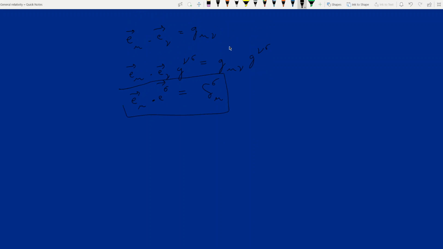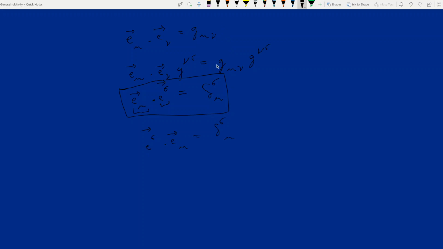Now let's swap these two basis vectors. We know that we can swap the vectors in a dot product, so we can write it as E sigma dotted with E mu, which also equals the Kronecker delta of mu sigma, right?